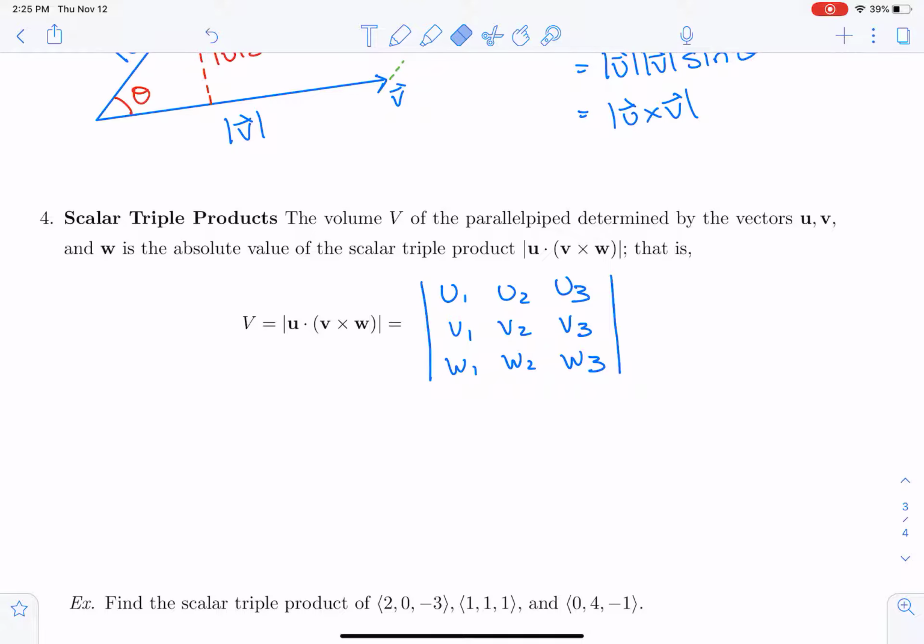Okay, so the scalar triple product, though, is actually going to give me the volume of something that's called a parallelepiped. So what I'm going to do is I'm going to put out 3 vectors here.